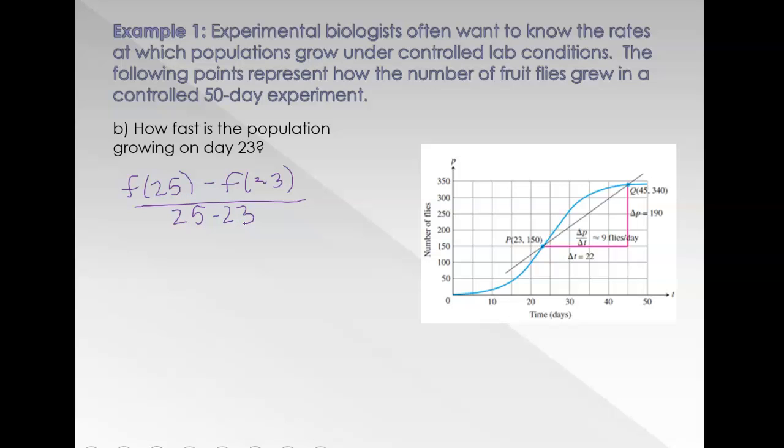And at f of 25, it looks to be at about 175. And again, you're predicting. There's no particular points on there. So 175 minus 150 over 25 minus 23. So you get 25 over 2, or 12.5.